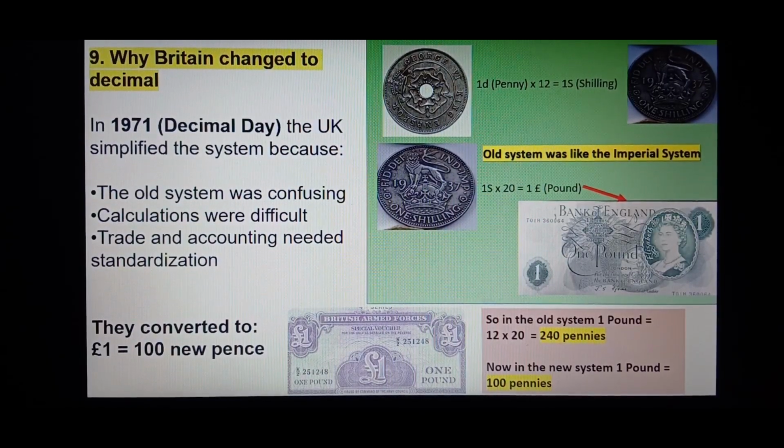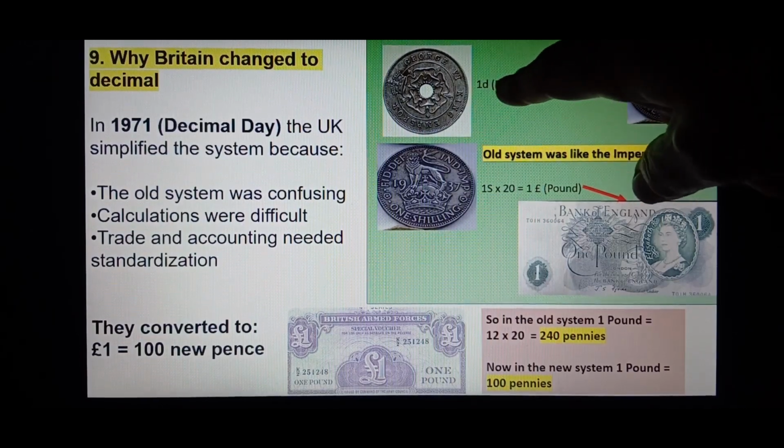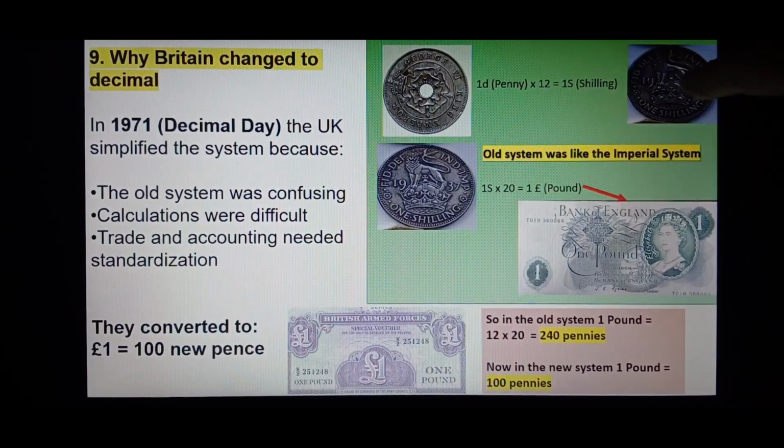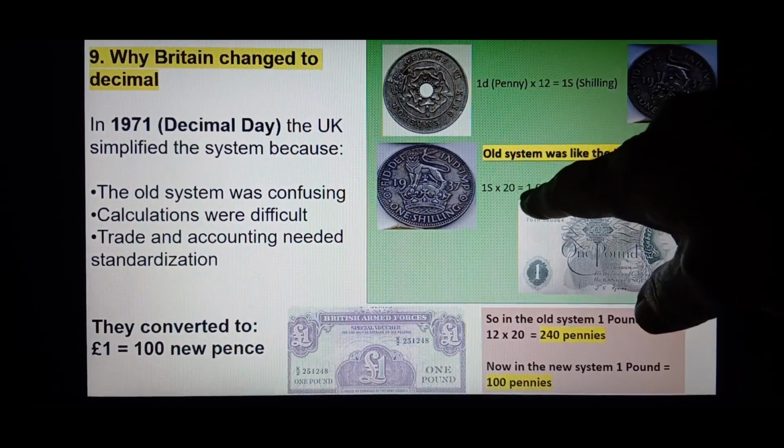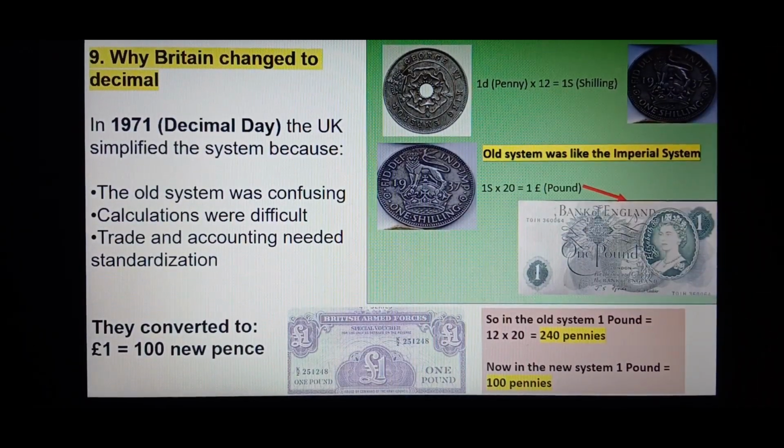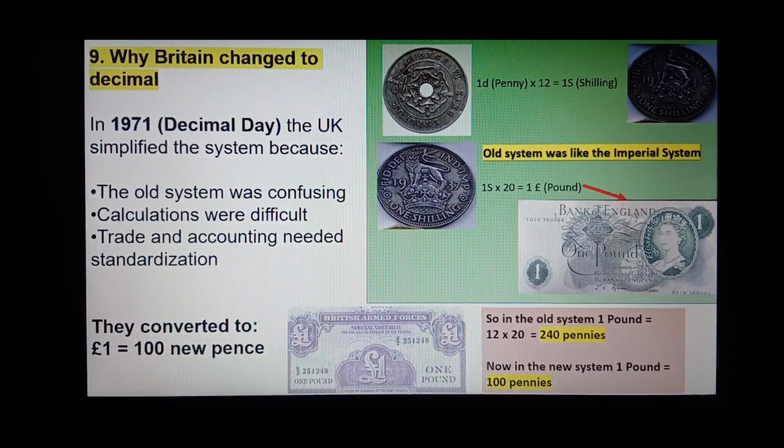So in the old days, there was your penny. 1 penny multiplied by 12 gave you 1 shilling. 1 shilling multiplied by 20 gave you 1 pound. So in the old system, 1 pound was 12 times 20, which was equal to 240 pennies. Now in the new system, 1 pound is equal to 100 pennies.